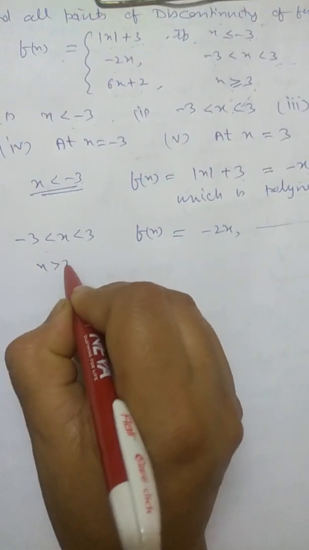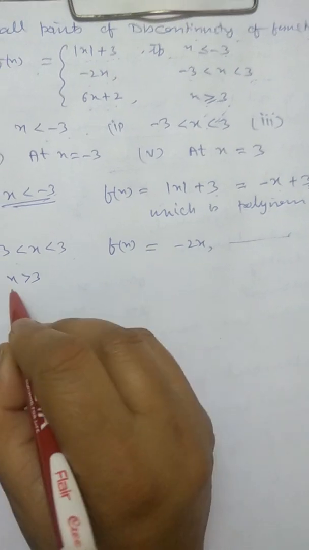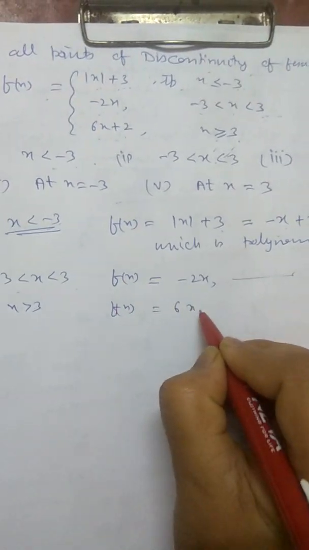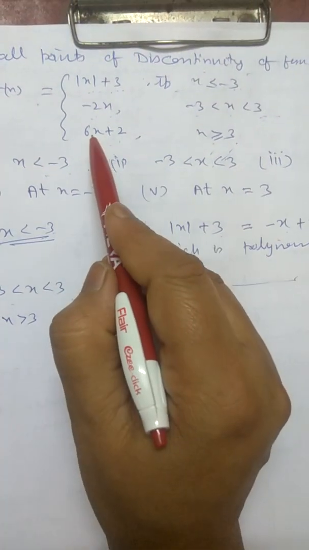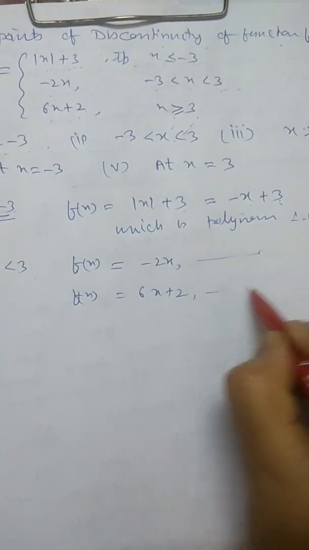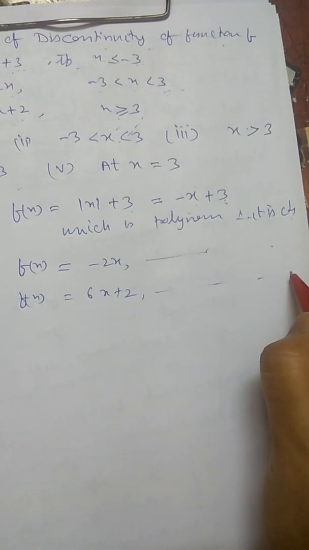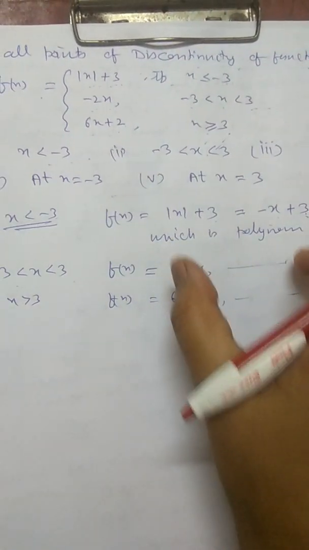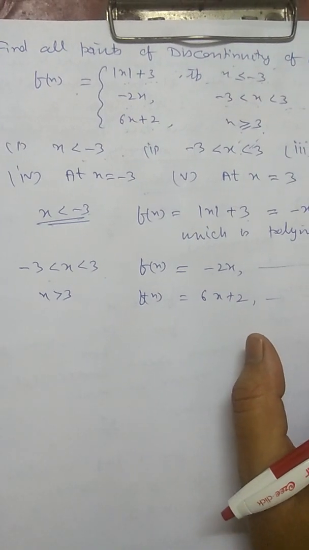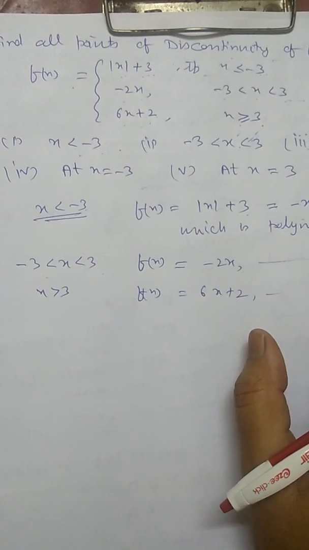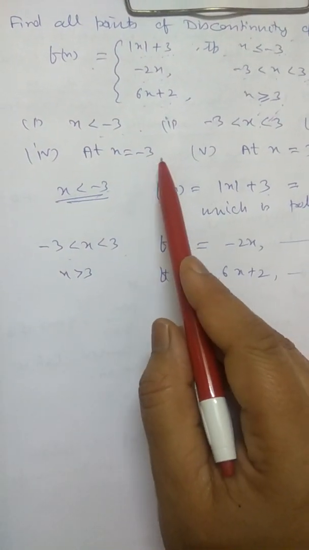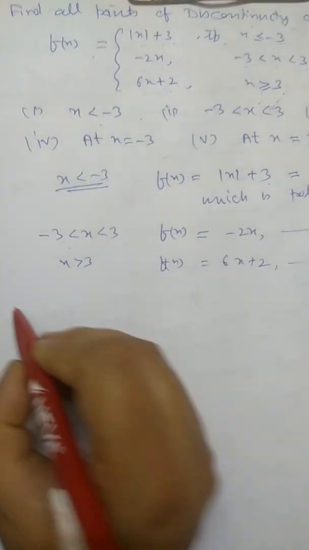And third case, when x is greater than 3, f(x) is equal to 6x plus 2, which is again polynomial, therefore it is continuous. You have to write these lines. Is it clear? And now to check at particular points minus 3 and 3.